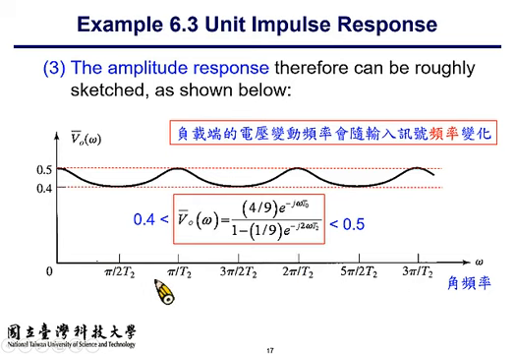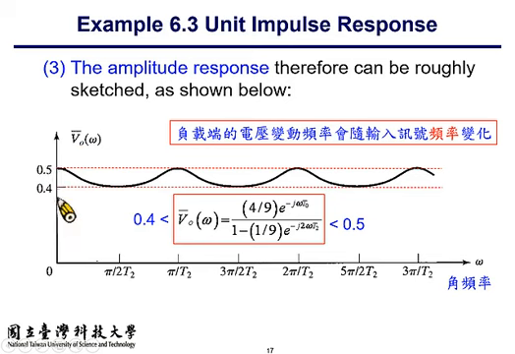At these even multiples, you reach the maximum, 0.5, and at odd multiples of pi over 2 times T2, you reach the minimum value. The vertical axis is the magnitude of the output voltage, all right?